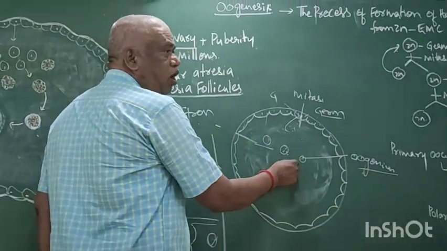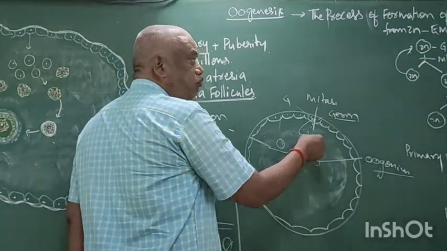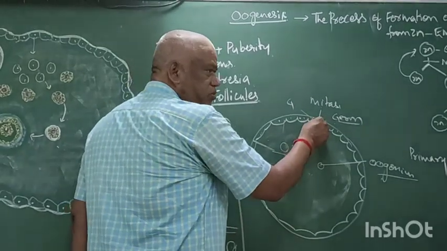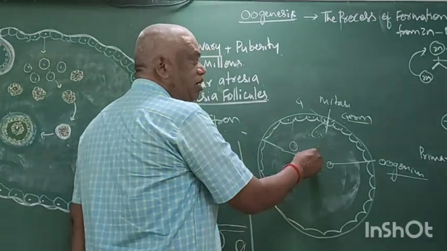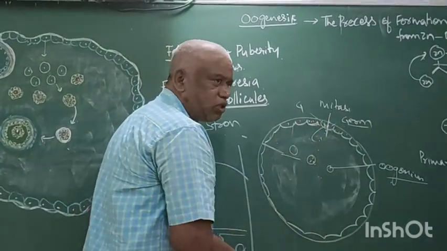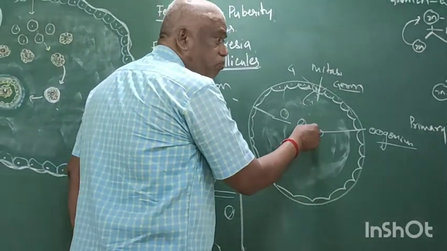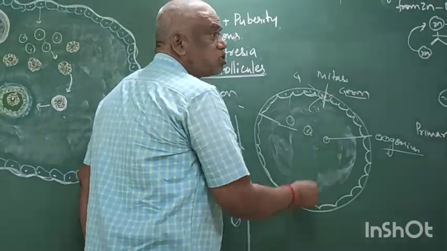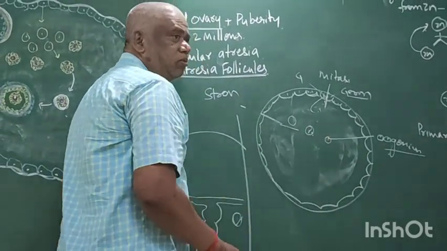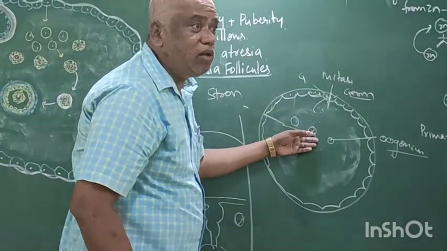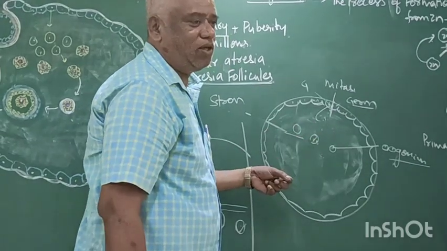The oogonium is formed by the mitosis of a germ cell. The germ cell undergoes mitosis and forms two daughter cells. One daughter cell remains as a germ cell. The other falls into the stroma, in the middle part, the medulla. This is called the oogonium. This oogonium finally becomes the egg, hence it is called the egg mother cell.